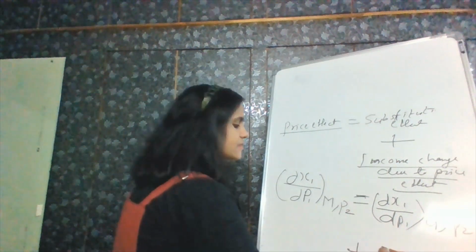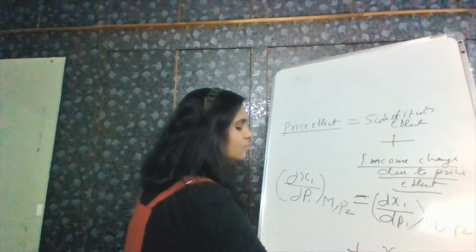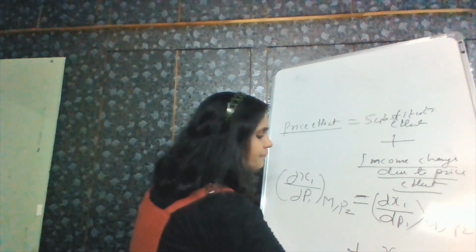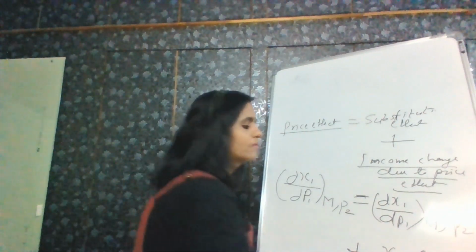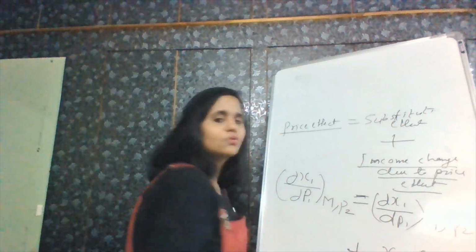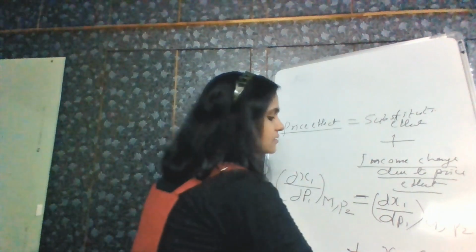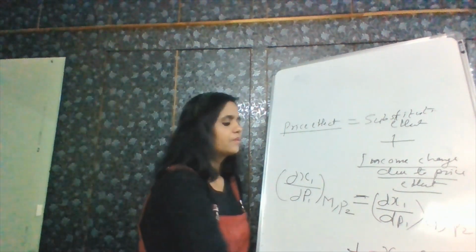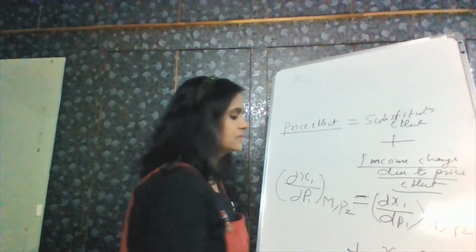We have seen this was x1 into dx1 divided by dm, keeping price 1 and price 2 constant, because this is just the income input, so your prices will be constant here.